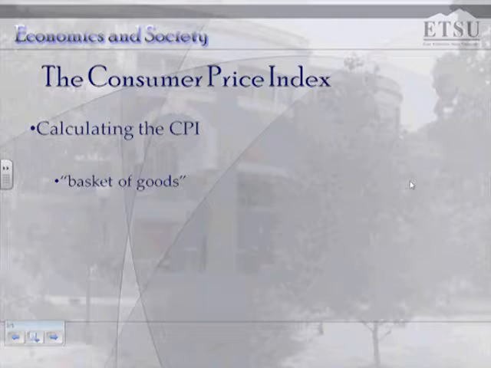They purchase blue jeans and tennis shoes, and they purchase suits and dresses. And so all these things that consumers normally purchase, what they do is try to get a basket of goods that's representative of what consumers normally buy in a year or in a given period of time.